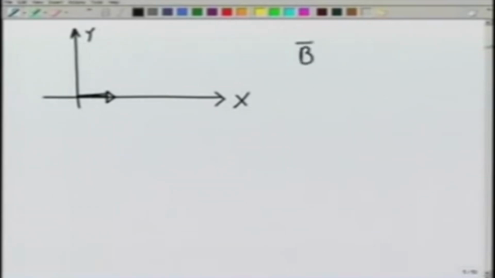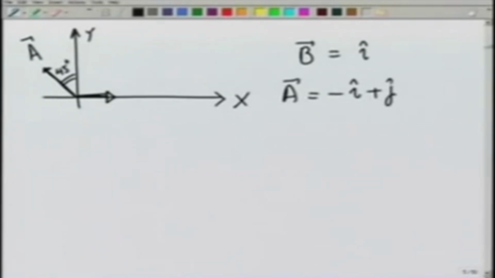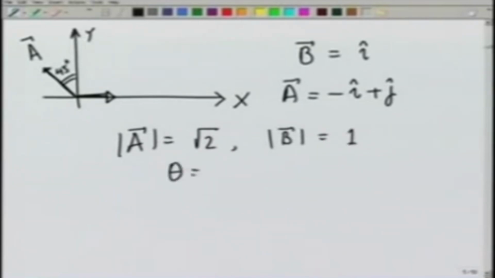So, B is equal to i, and consider A vector to be in this direction, which is 45 degrees from the y axis or the x axis. So, A is equal to minus i plus j. You can see that the magnitude of A is square root of 2, magnitude of B is 1, and the angle theta between them is 135 degrees.